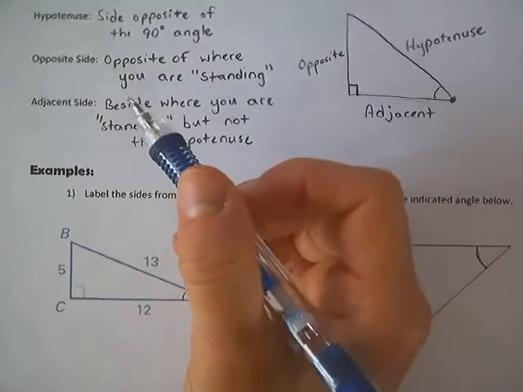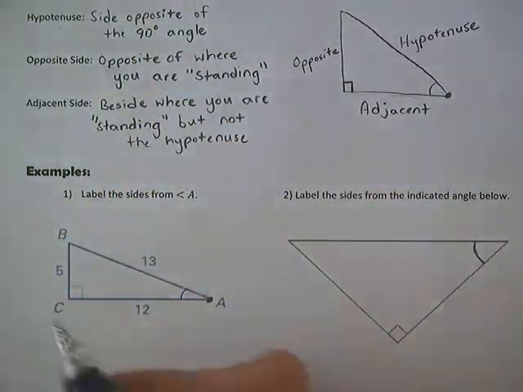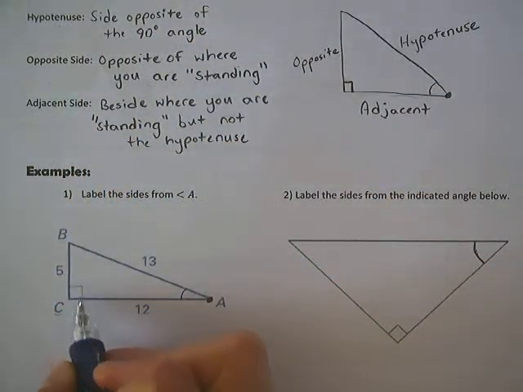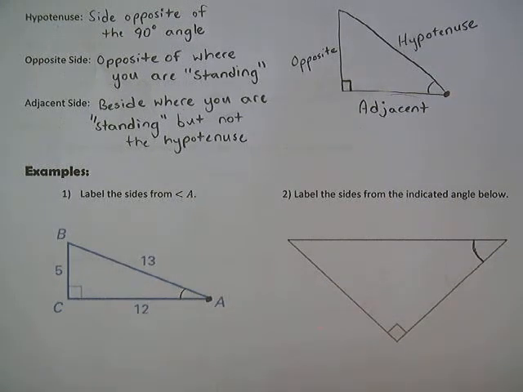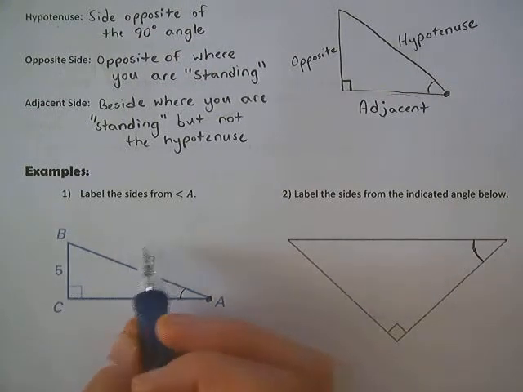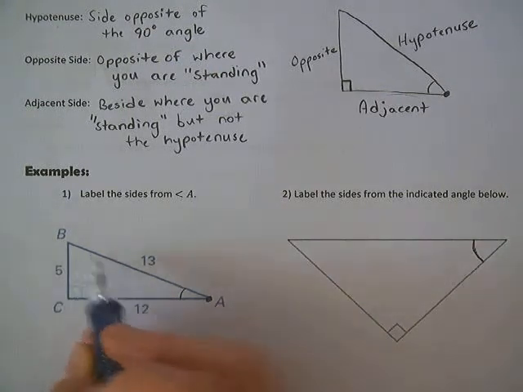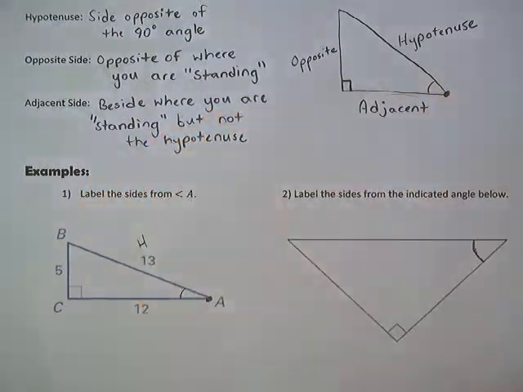So I usually start with a hypotenuse. It's the one across from that 90-degree angle. And so there's my 90-degree angle. Which side is opposite of that angle? Well, the side that does not touch that angle would be where the 13 is. So the 13, the side labeled with the 13, would be your hypotenuse. And usually we'll just label it with an H so that we don't waste time writing the whole word. So there's my hypotenuse.